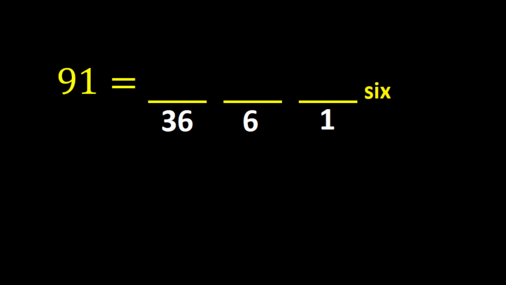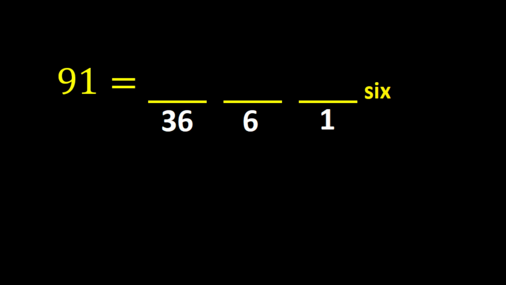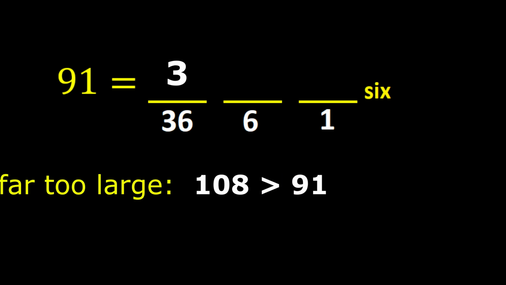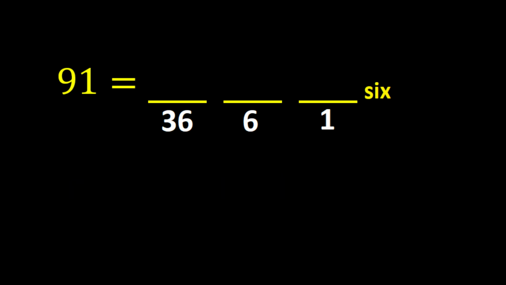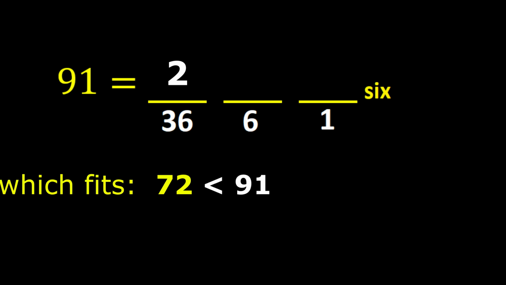Now, let's proceed with the conversion. In this more intuitive method, we begin by determining the largest digit for the leftmost position that fits within the number. Let us investigate. In this position, the number 3 corresponds to 108. Far too large. But 2 corresponds to 72 units, which fits.